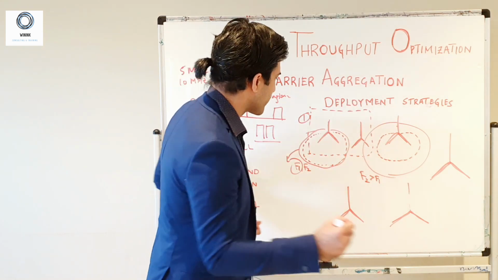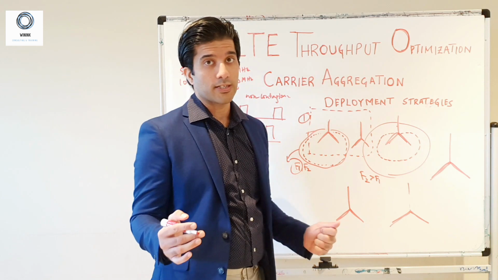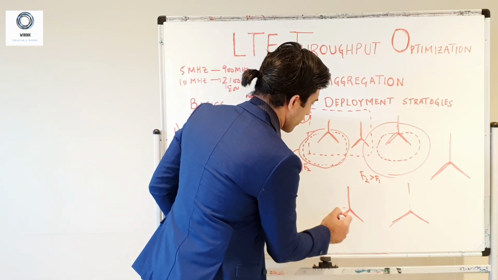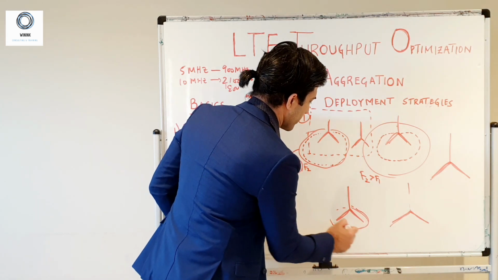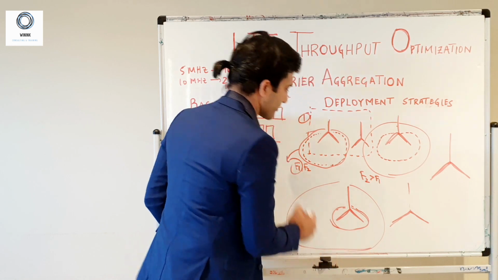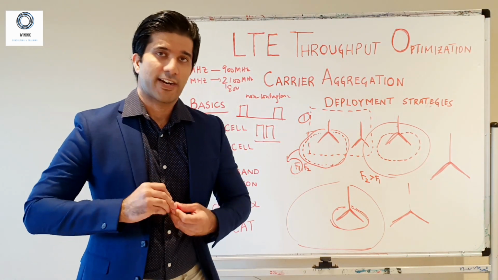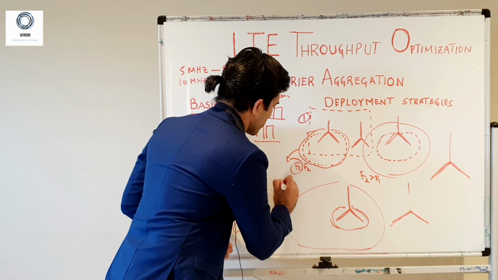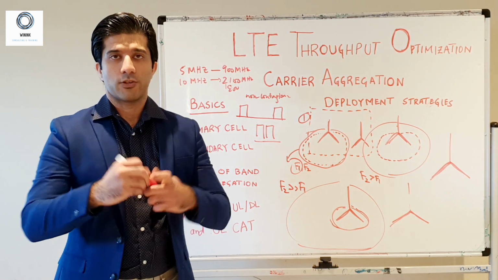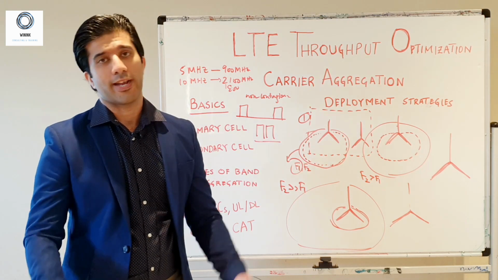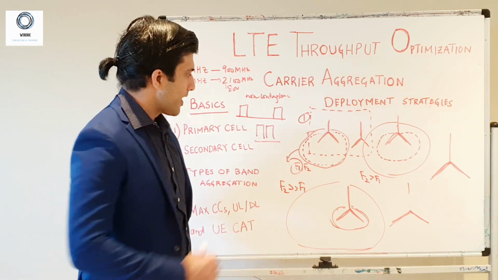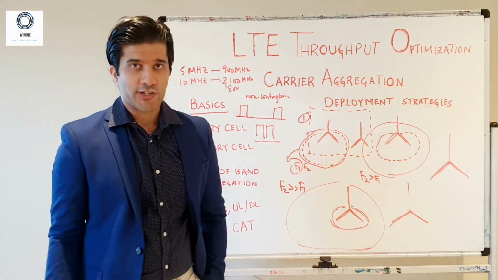Then the third strategy is basically again your interband carrier aggregation, but in this you just cover the hotspots near the cell, and this is your bigger coverage area. So this is another strategy where of course again your F2 might be your L2600 band, your L2100 band, or your L2300 TDD band, and your F1 is basically your coverage layer.